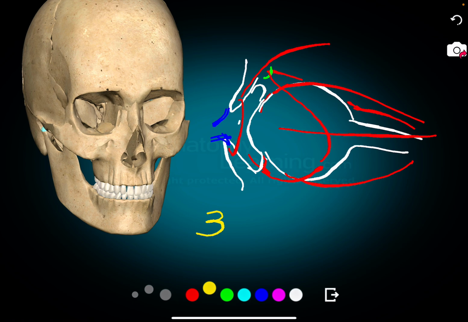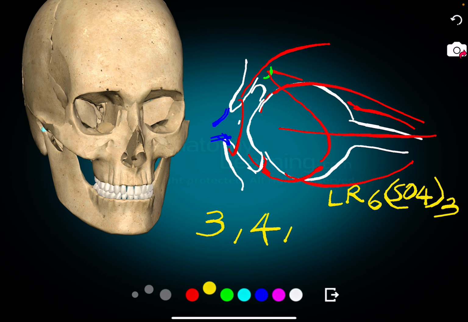The muscle nerve supply is LR6, lateral rectus 6, SO4, superior oblique fourth, and the rest by 3. You have the third nerve, you have the fourth nerve, you have the fifth A nerve, which is the ophthalmic.